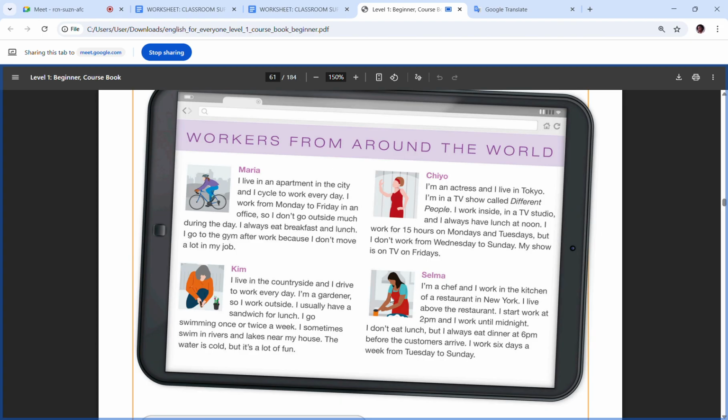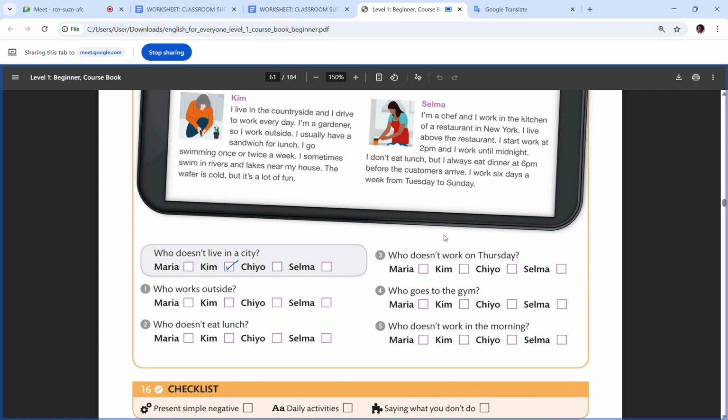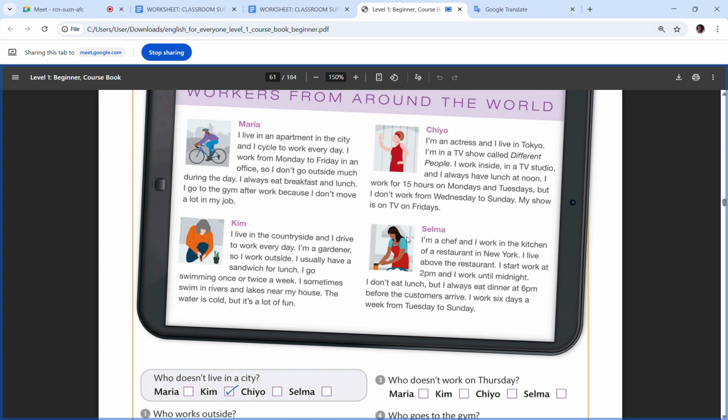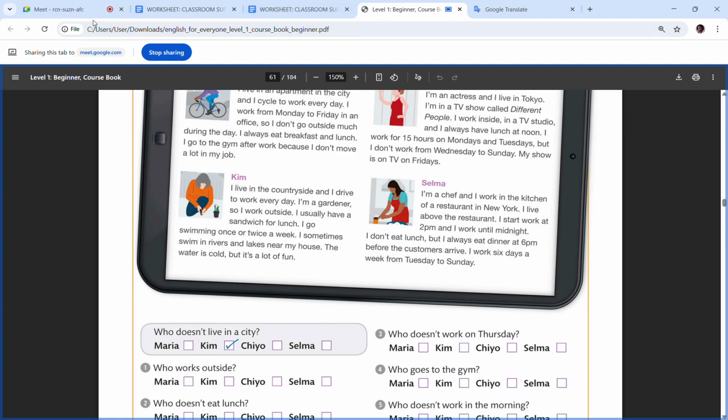Very good, guys. So, are there any words you don't understand before we answer the do and does not questions?